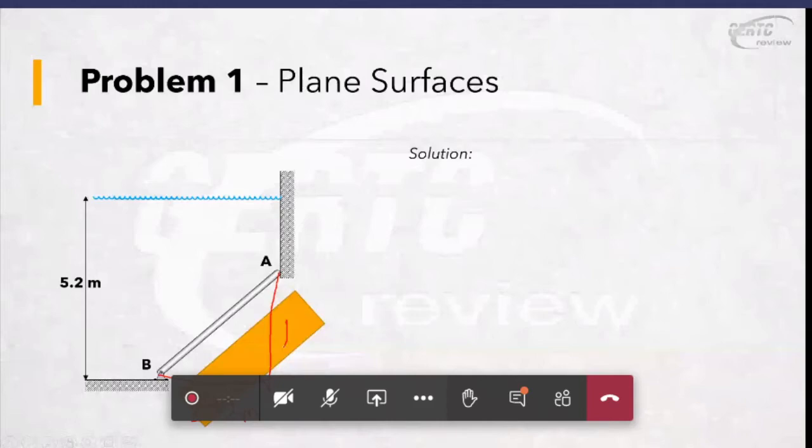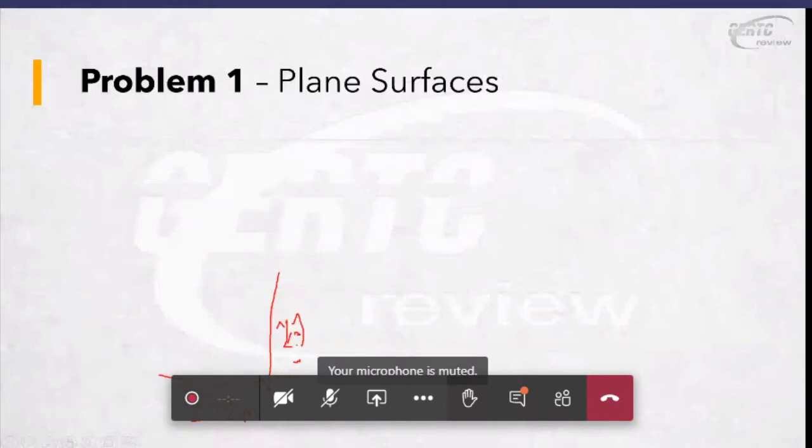That is 2.2. Just take note, it is 2.2, and listen. Take note, guys, that we are after the force here. Let me edit this so the solution is clean. Okay, I will go back, guys.